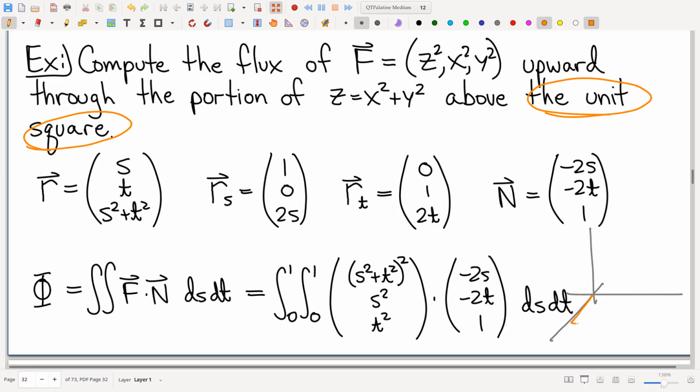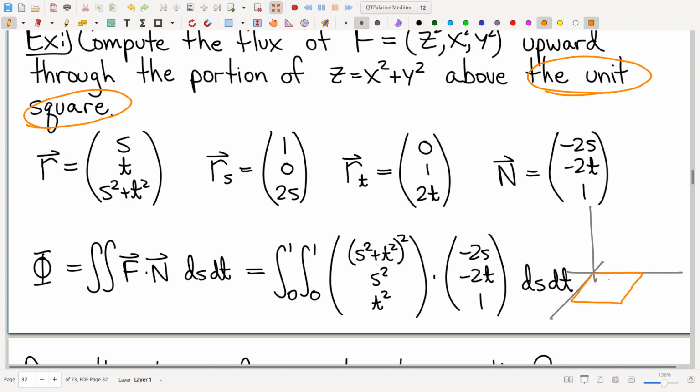So here's the unit square in the xy plane. We're looking for the portion of the paraboloid sitting above the unit square. So that's going to give me something that looks like that. This in purple is our surface.